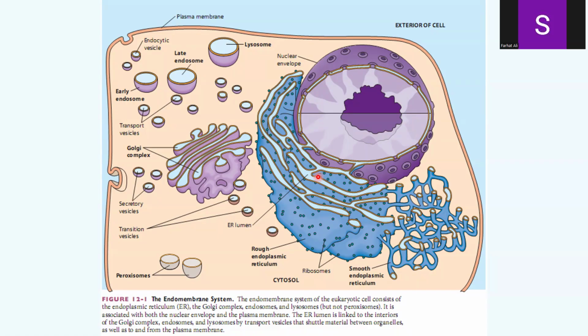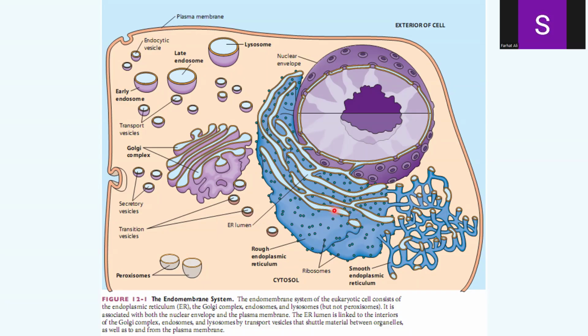Actually, they are spread throughout the cell. So the ER, endoplasmic reticulum, is not only associated with the nucleus, rather it will be present everywhere in the cell. The endoplasmic reticulum is important for protein synthesis, for detoxification, for lipid synthesis, and so on.